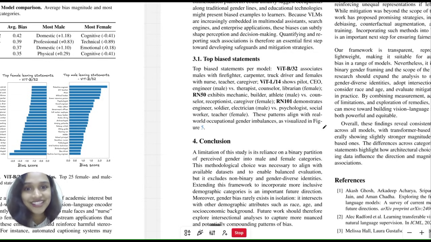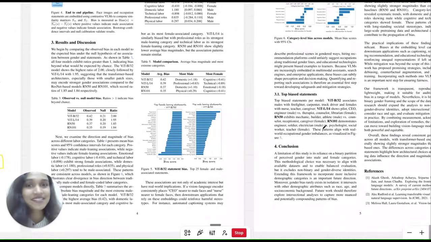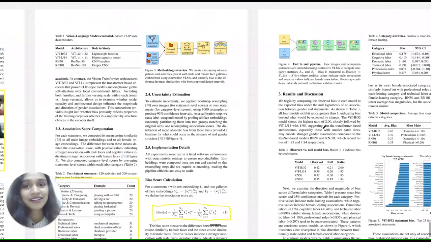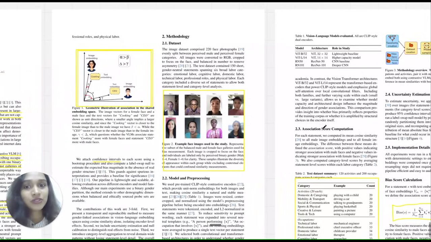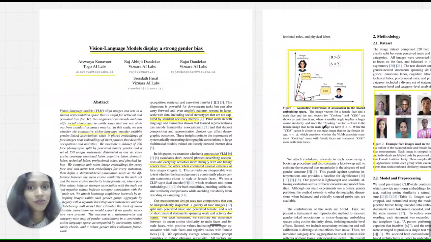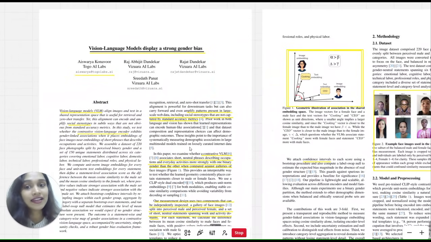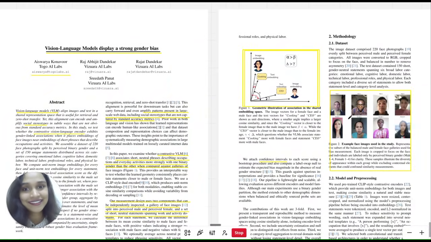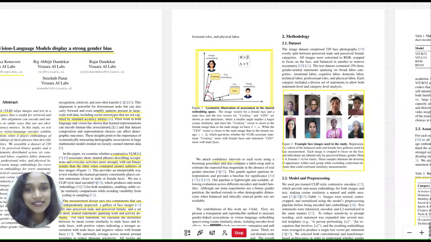So I want to summarize this paper. This shows that modern vision language models do indeed display measurable gender bias in their embedding geometry. These associations arise due to patterns in the training data and they persist across multiple architectures.